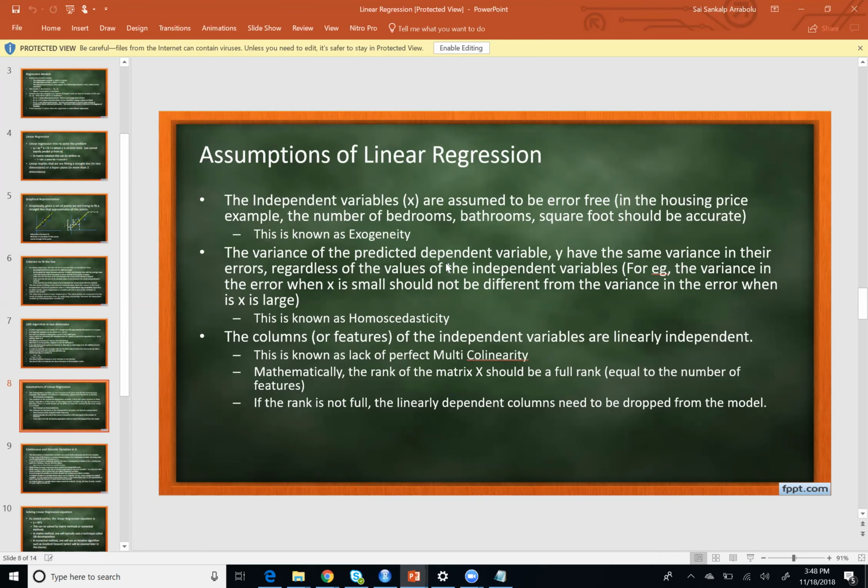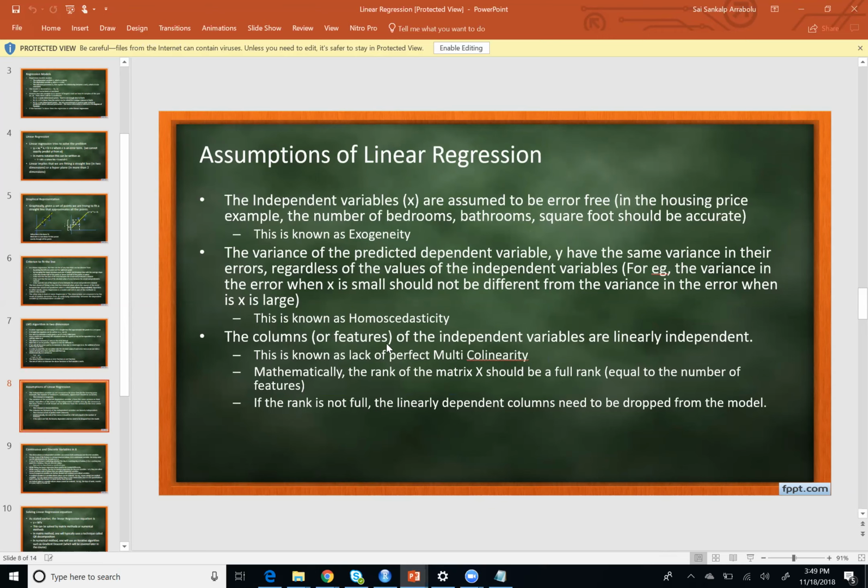The variance of the predicted dependent value y is the same as the variance of their errors, regardless of the values of the independent variables. What that means is, because the independent variables don't have any error in measuring, the variance you have in y will have the same variance which comes from the error, right? Because if your measurements don't have any errors, the variance you get in y is because of the variance in the error.